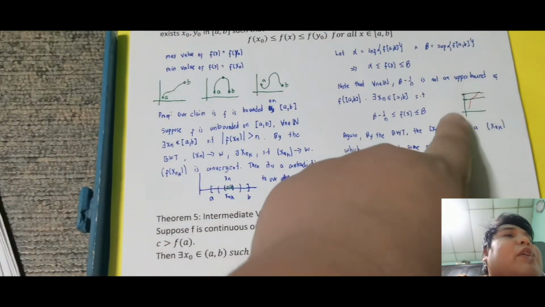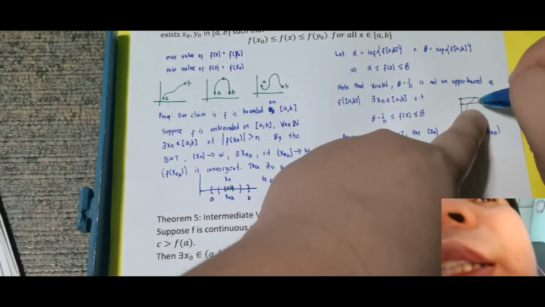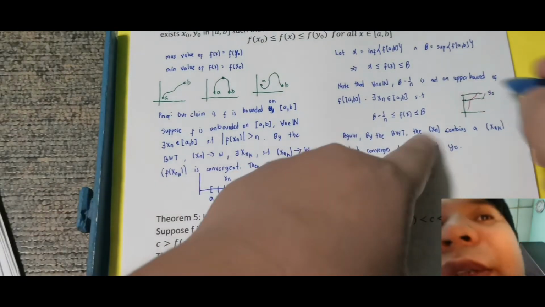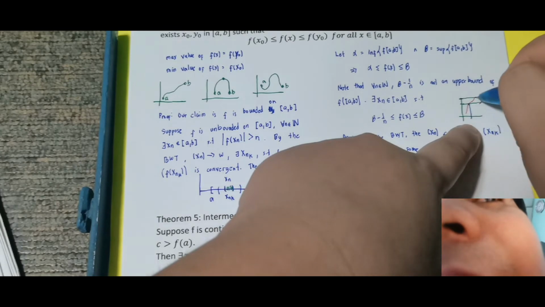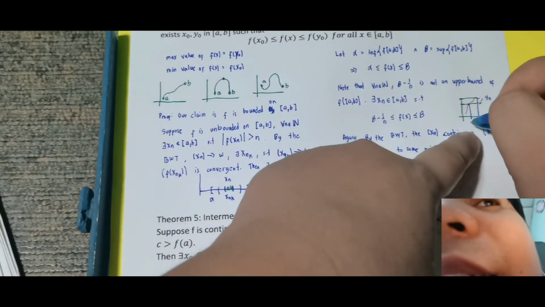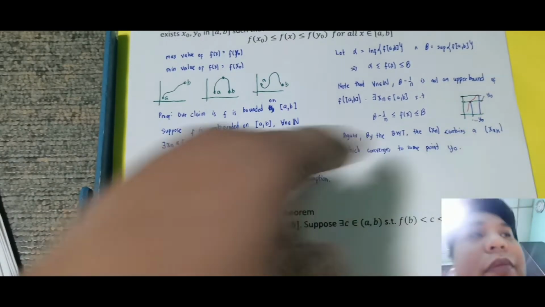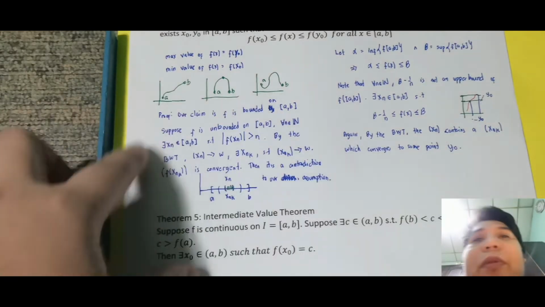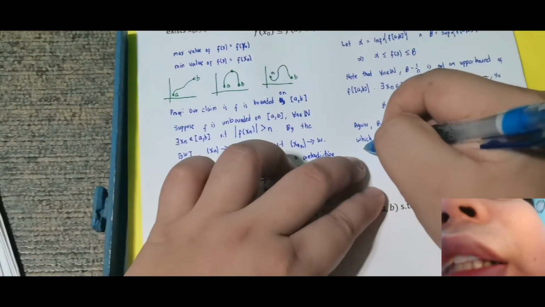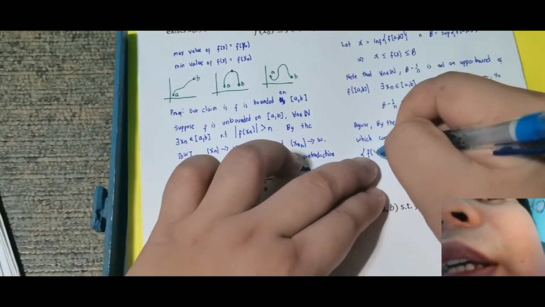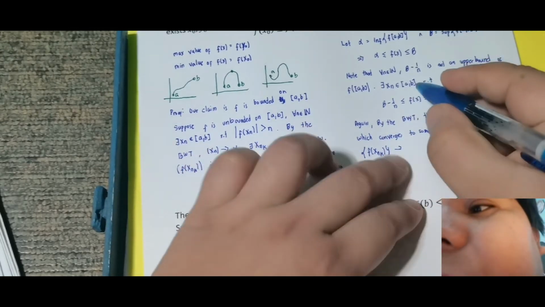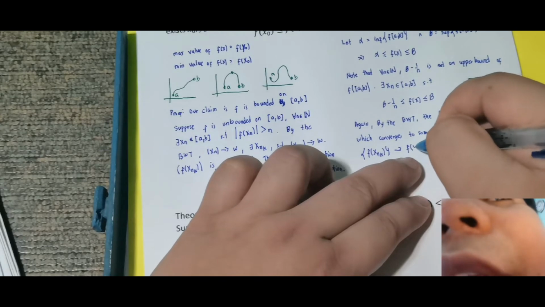So some point is here. There is a sequence there going toward y naught. So x sub n sub k goes toward y naught, in which f of x sub n sub k converges to f of y naught.